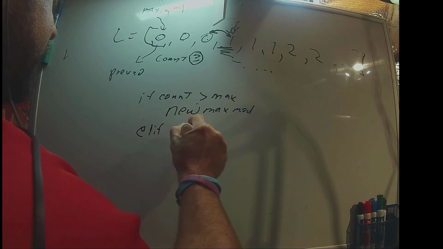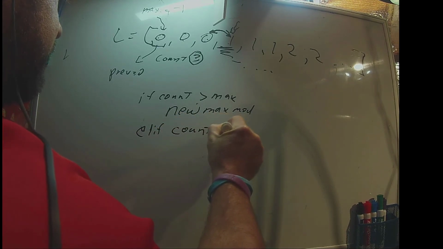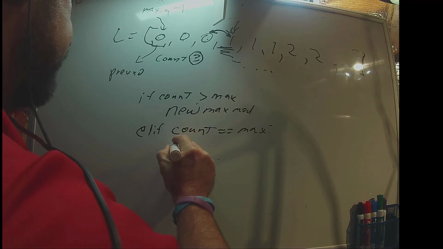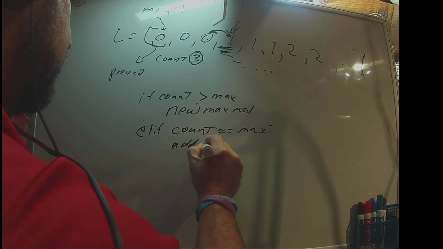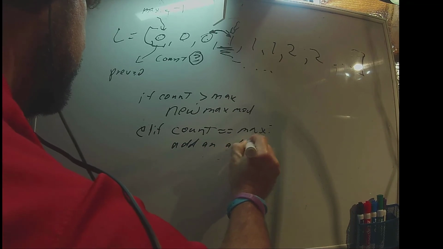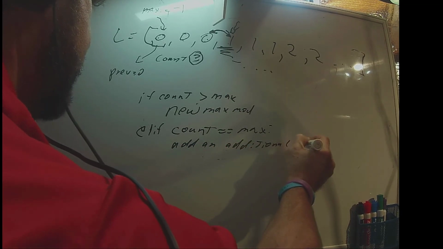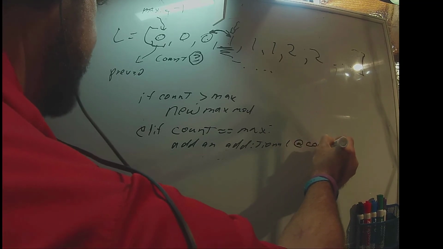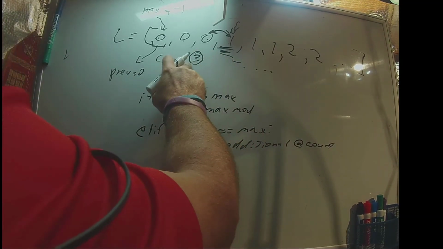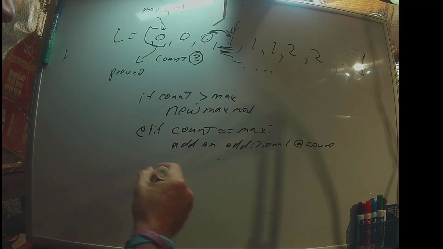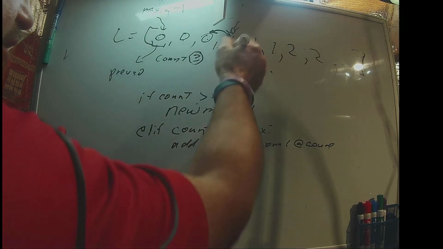If count equals max, then we want to add an additional mode at count. That means our current maximum is 3, for example, and now we found another score that has 3. Otherwise, we just want to continue on.